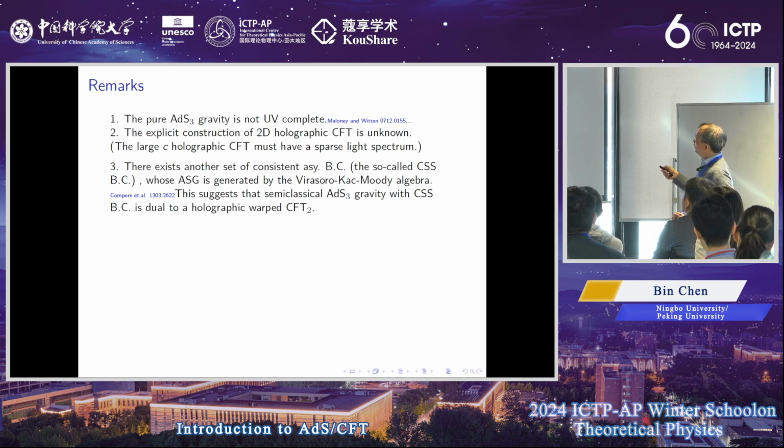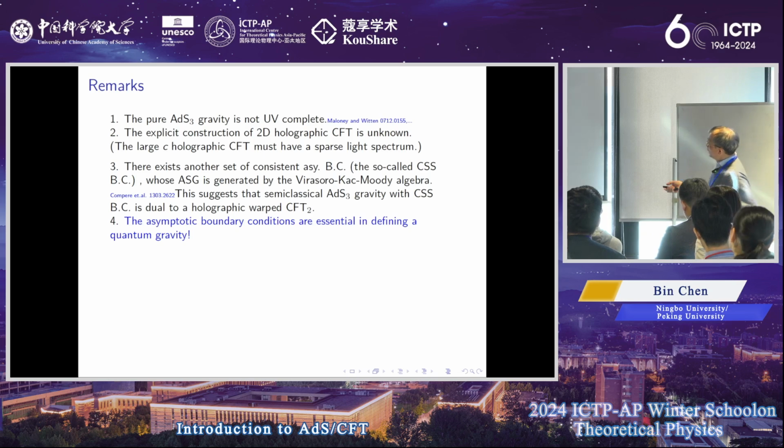With this kind of symmetry, the CFT is not a Euclidean CFT. Due to this U(1) Kac-Moody sector, the CFT is called a so-called warped CFT. There are some special properties for this kind of CFT.